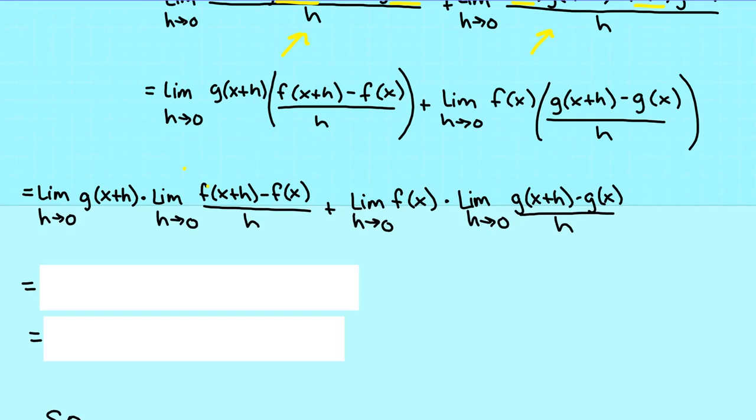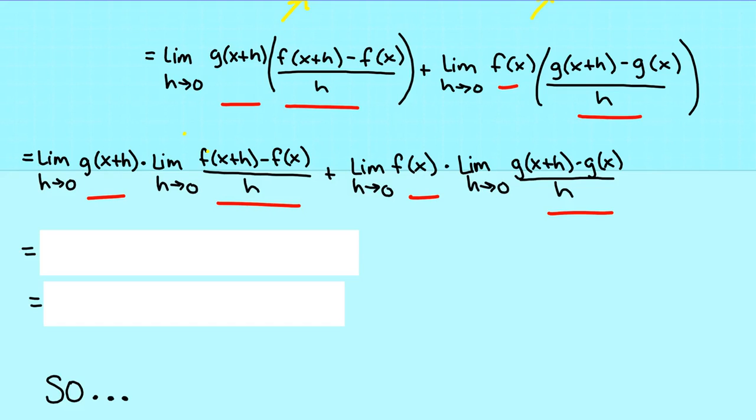So the limit of this product can be broken down into the limit of the first factor times the limit of the second factor. And the limit of this product can be broken down into the limit of the first times the limit of the second. So you can split up a limit like that. Not a derivative. You can't just do the derivative of the first and the derivative of the second. But limits and derivatives are not the same thing. Limits are involved in derivatives, but a limit and a derivative are different things.